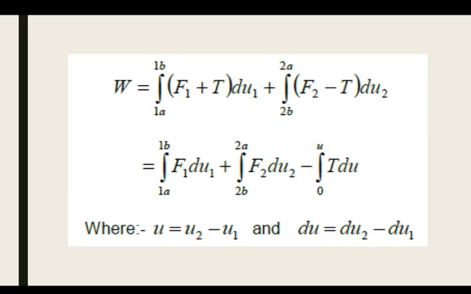In the topmost equation there are four components, F1 plus T du1 and F2 minus T du2. When you add them together, the F1 and F2 terms form two separate components, and the T components add up and integrate from 0 to u of T du. So this part is the summative part.